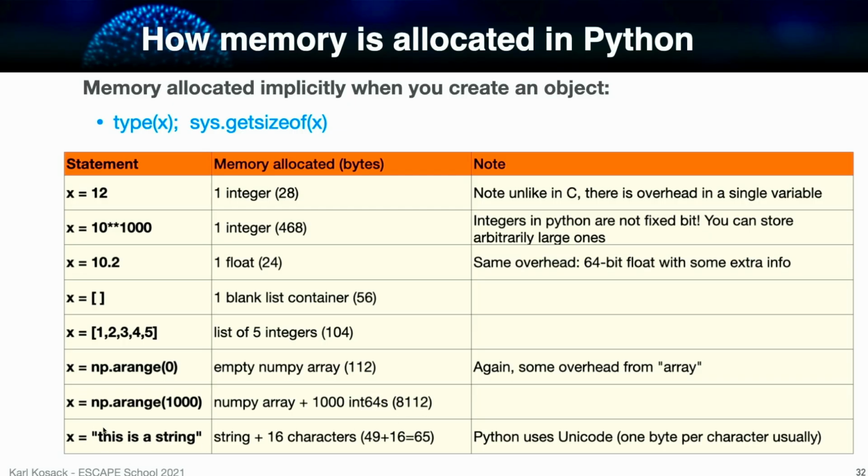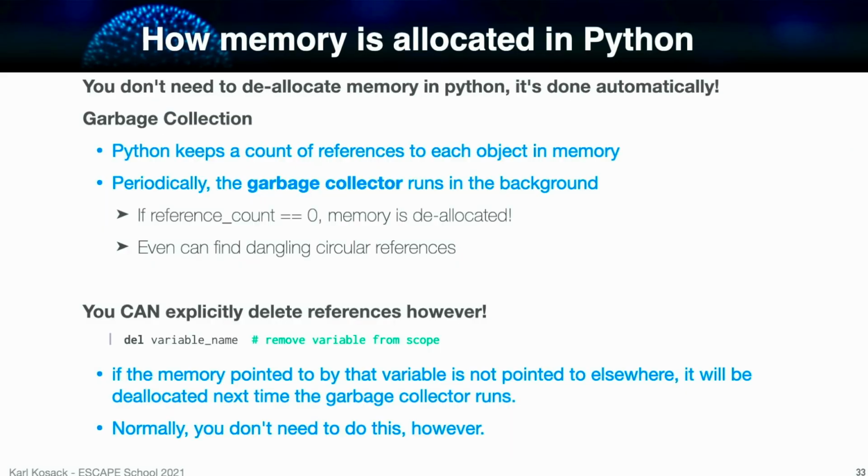All strings in Python are Unicode, which means that each character takes up generally 16 bits, and so you can add it up. Large strings can eventually take up a lot of memory, but most of the time you only have to worry if you're loading a lot of data into memory, like opening a file and putting it all into one giant string, which I think we actually do in the code here.